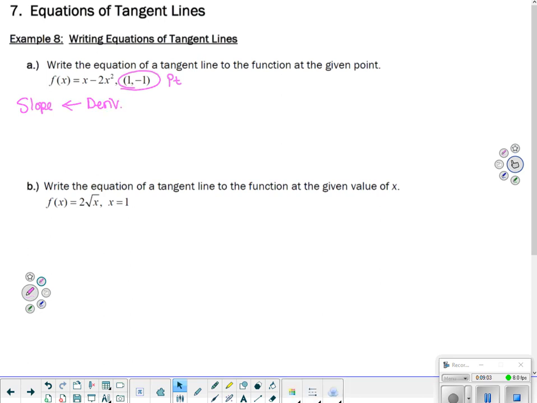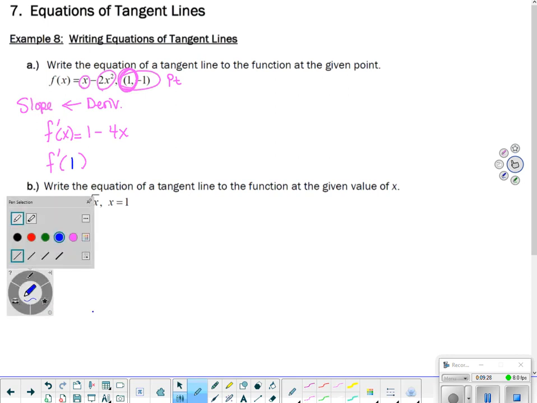In calculus, we can take a derivative at a point. So I'm going to go f prime of x equals derivative of x is 1, and the derivative of this one is 4x, a little power rule. Now, I want to indicate I'm taking the derivative at the x value, which is 1.